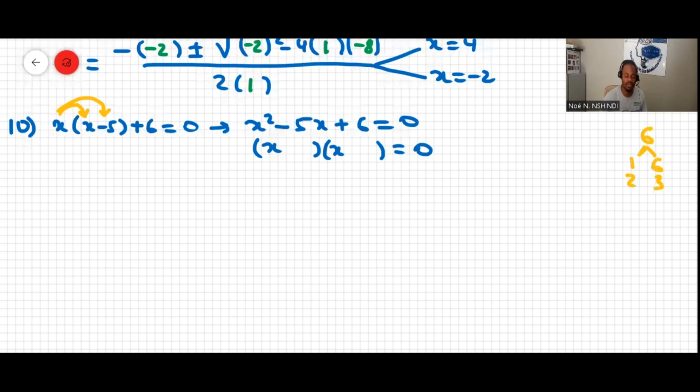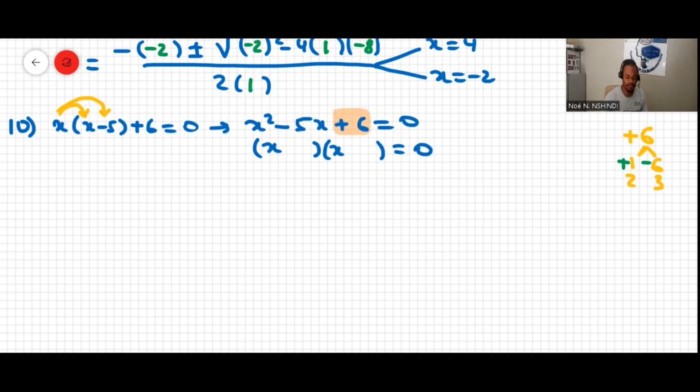Okay, if I say positive 1 and negative 6, of course 1 minus 6 makes negative 5, but positive 1 times negative 6 doesn't make positive 6, it makes negative 6. Here it has to be a positive 6, as here.